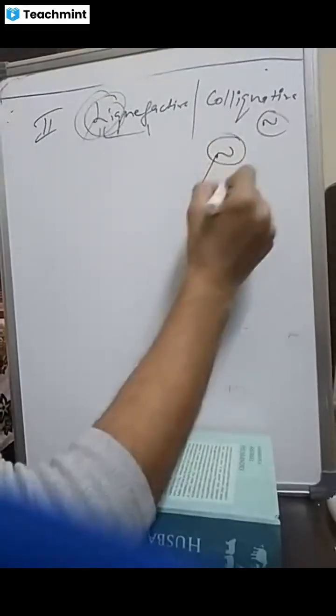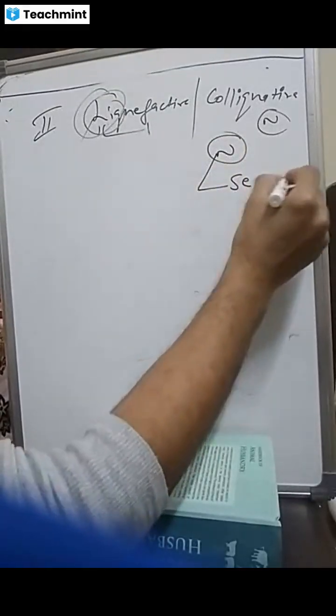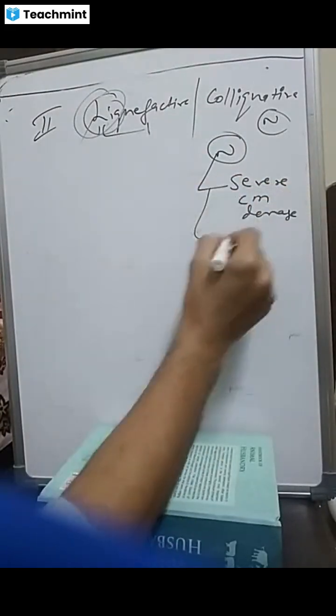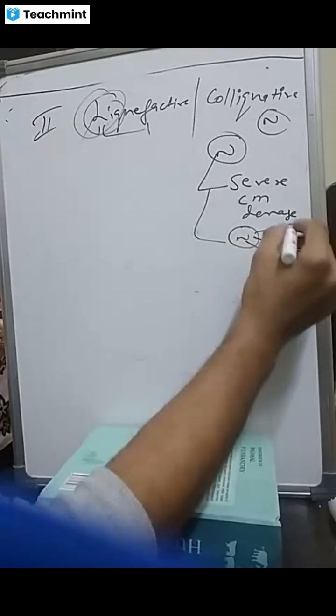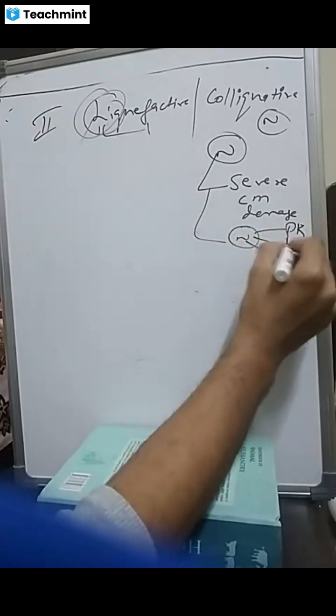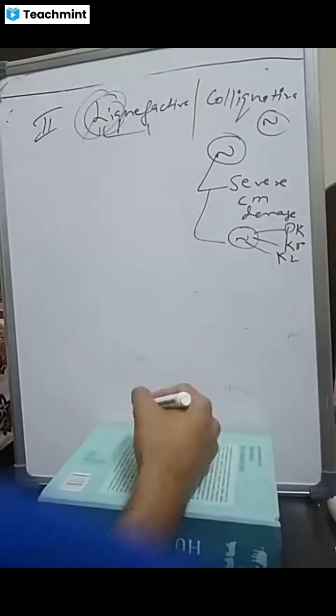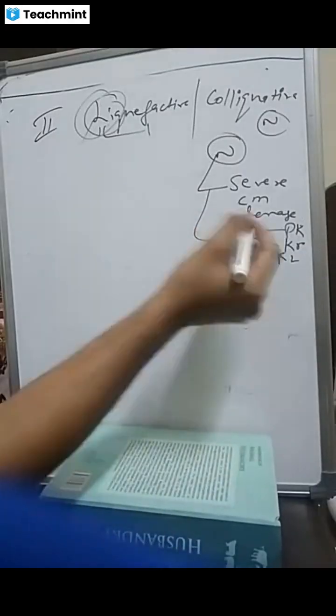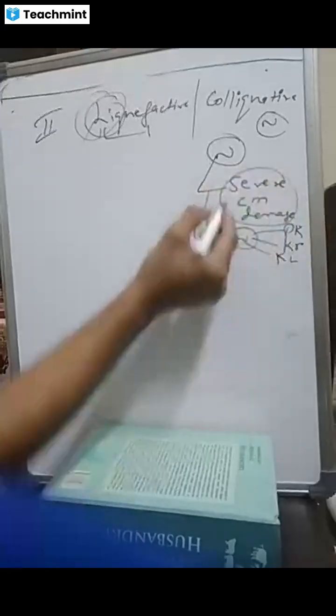Because it is necrosis, there is severe cell membrane damage. Necrosis means the nucleus will show pyknosis, karyorrhexis, karyolysis.